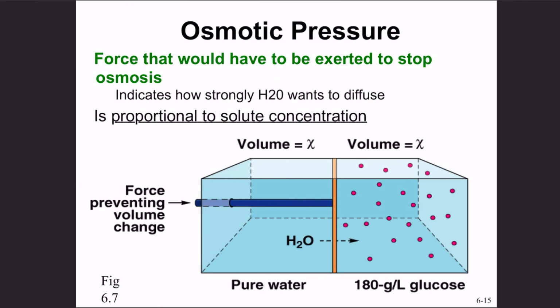The osmotic pressure is the force that would have to be exerted to stop osmosis. This is the force that's preventing more water from getting into that area. And it is proportional to the solute concentration, meaning the higher the solute concentration, as seen in that previous image, the higher the osmotic pressure.